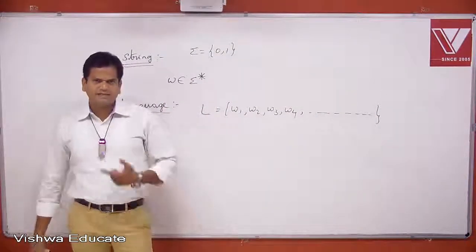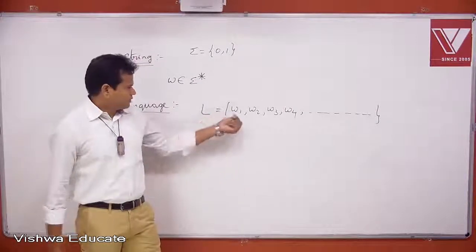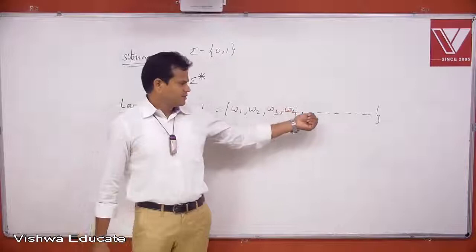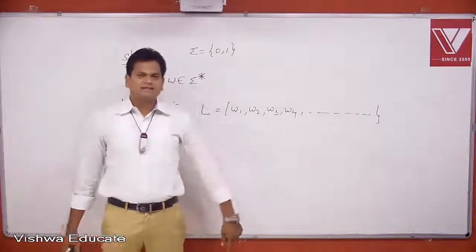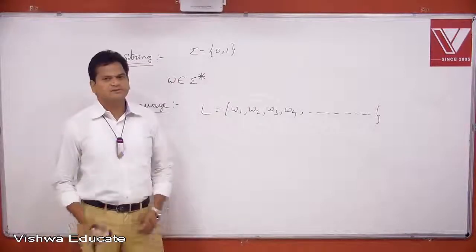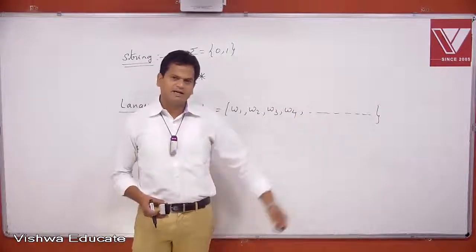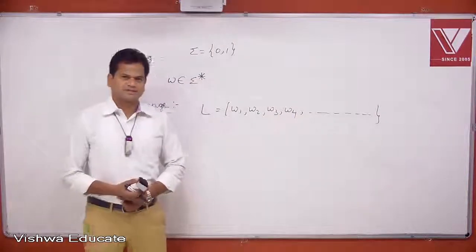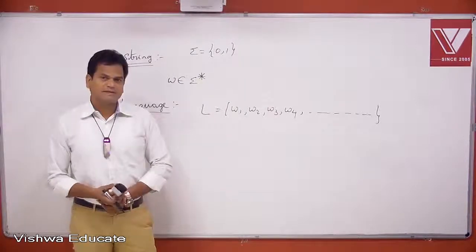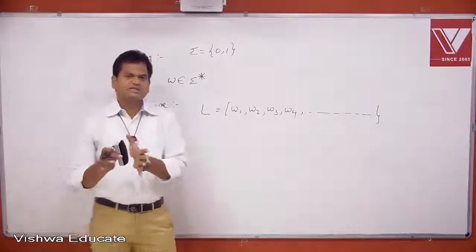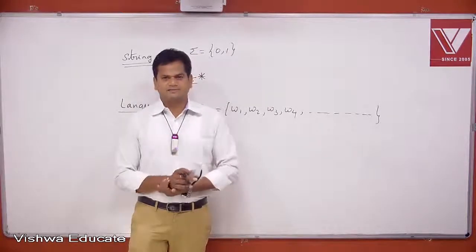A language is a set of strings. Like L equals W1, W2, W3, W4, W5, and so on. So, are they finite or infinite? A language can have any number of strings. It may have a finite number of strings, or it may have an infinite number of strings. Language can be infinite, but a string cannot be infinite. Whatever string we take should have a finite length.